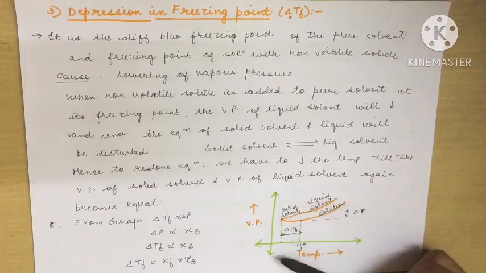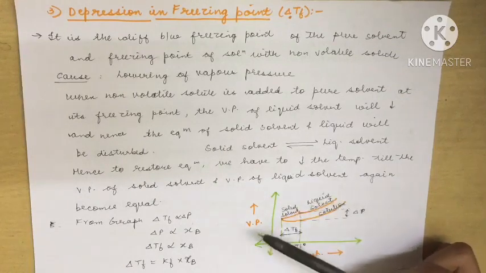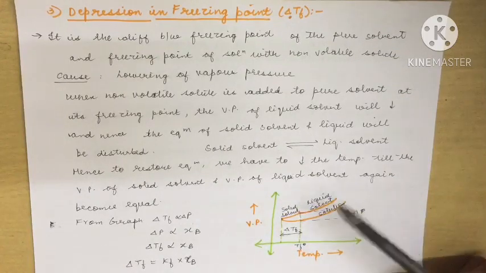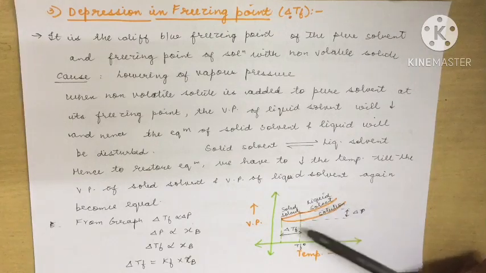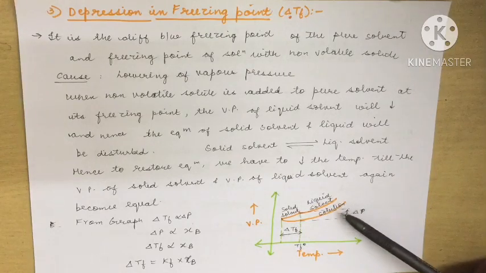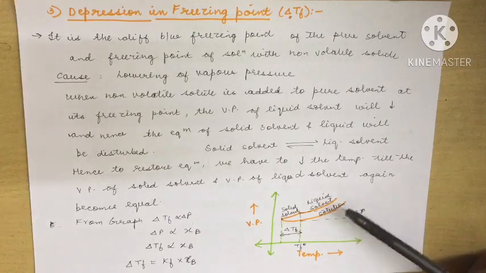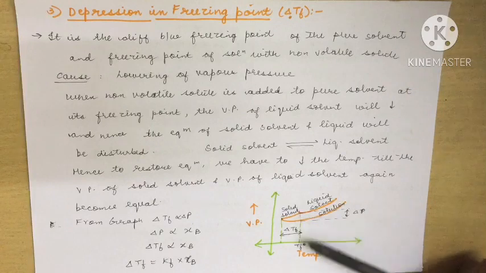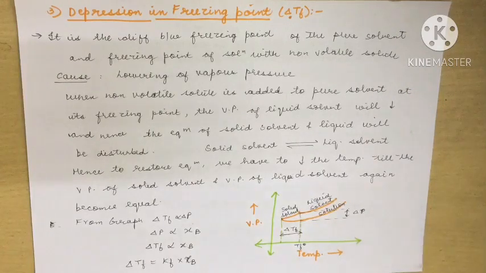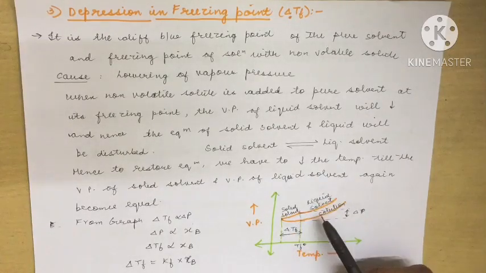Now you can see from this graph, this is the relationship between the vapor pressure and the temperature. You can see the vapor pressure and the temperature for solid solvent, liquid solvent, and for the solution. Earlier we can see that at the lesser temperature we had a certain vapor pressure for solid solvent, and at more temperature, suppose for water it is 0 degrees Celsius, lesser than 0 degrees we have this solid solvent vapor pressure, and more than 0 we have this liquid solvent vapor pressure.